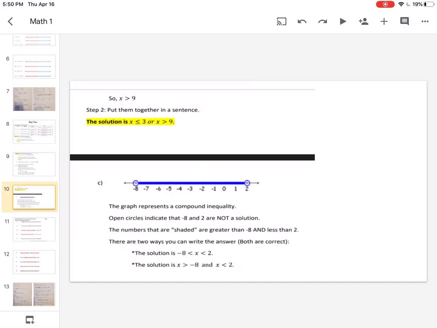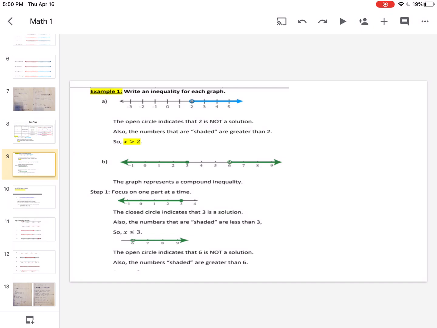I might have cut it off there. Let's look at it again. So it should be x is greater than 6. Now, you're not going to have a line under there. It's just x is greater than 6.